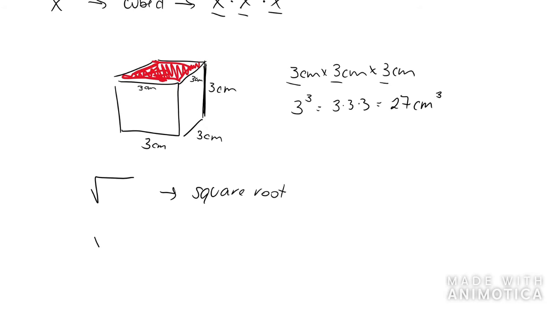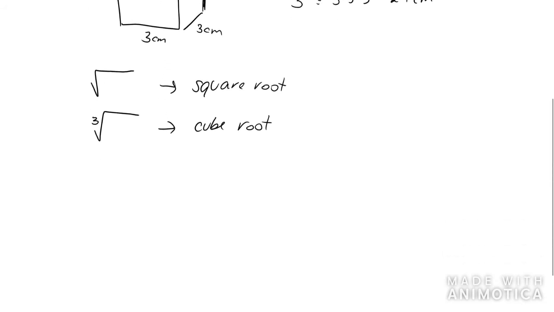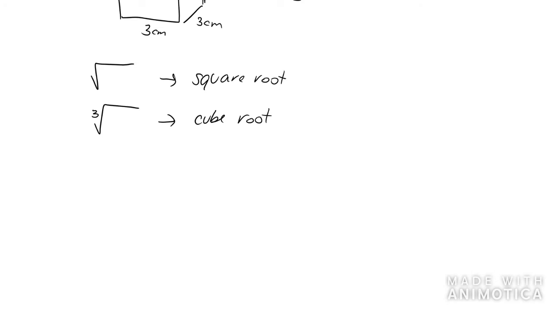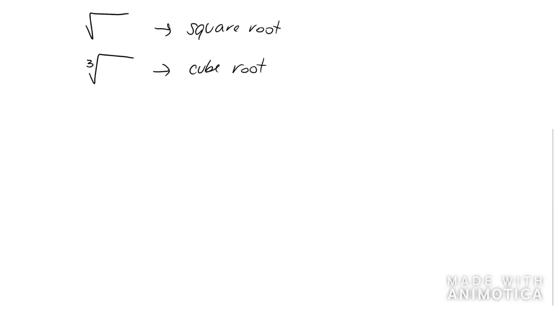Cube root looks the same, except on the outside there's a tiny little 3. So when we're trying to determine a cube root, we can actually use some of the same techniques as we did when we're looking for the square root. So say we are looking for the cube root of 27.